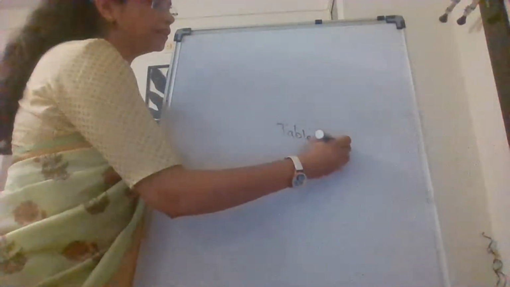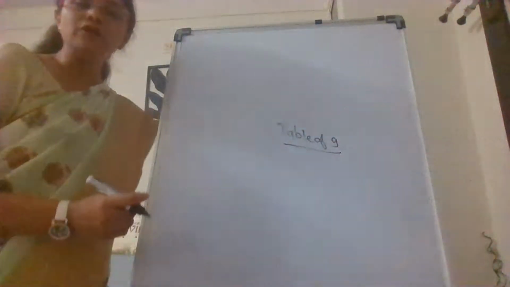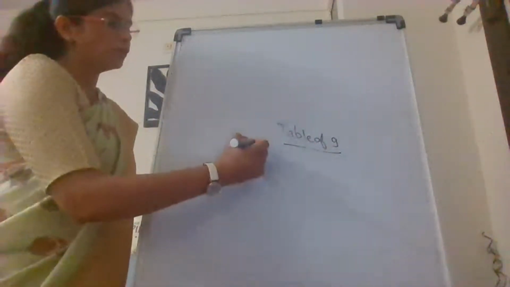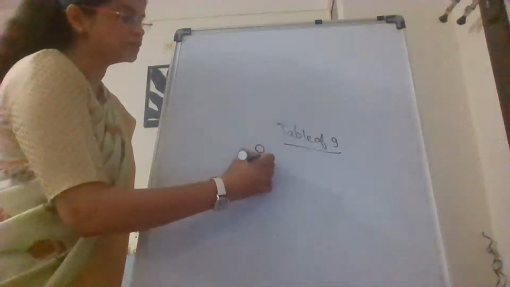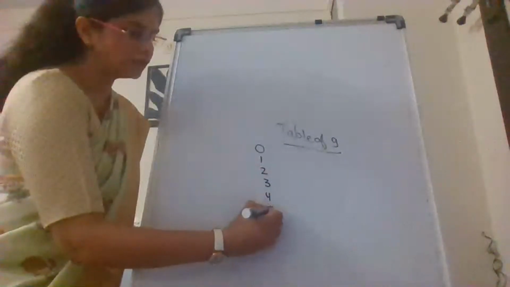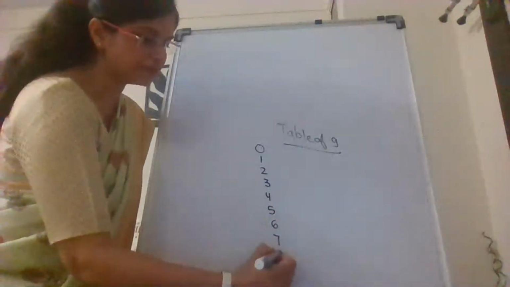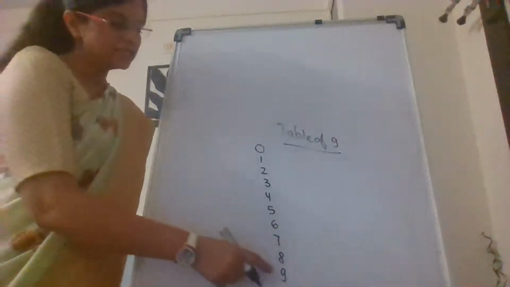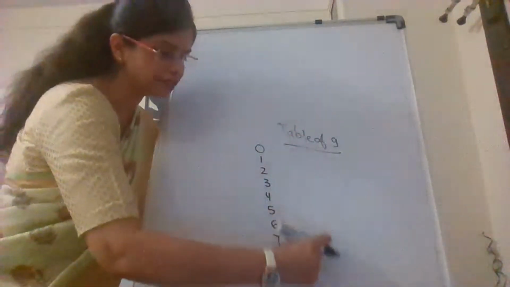Table of 9. I know you all know the trick for table of 9. First, what we have to do, just write down 0, 1, 2, 3, 4, 5, 6, 7, 8, and 9. And then just the reverse counting of this.